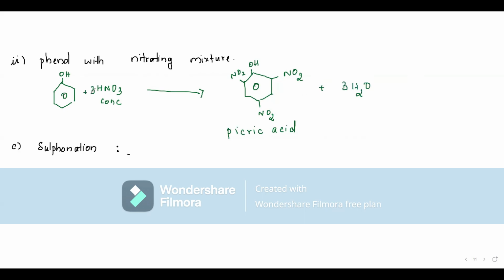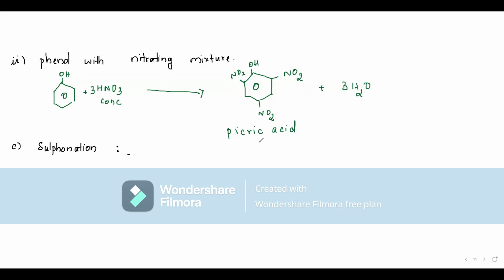That means I need to take 3HNO3. Now, this reaction, though in the heading I've written nitrating mixture, when I explained, I just use concentrated nitric acid. When you use only concentrated nitric acid, you get a small amount of picric acid.